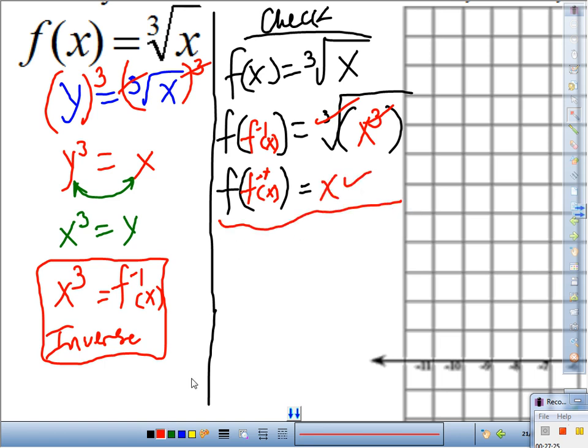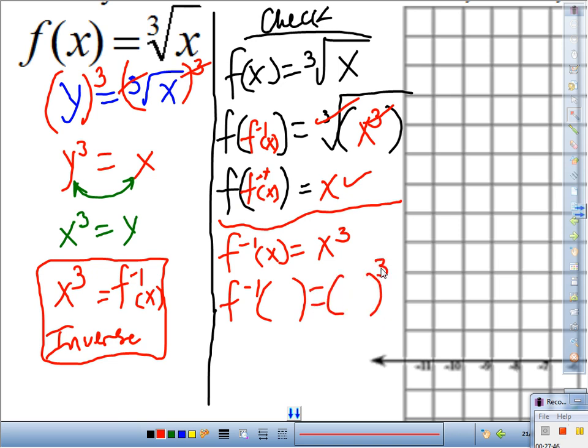All right. So now that I'm done starting with the regular function, now I'm going to start with the inverse function. F inverse of x equals x cubed. For the next step, we do f inverse of open parentheses for the variables. Cubed.